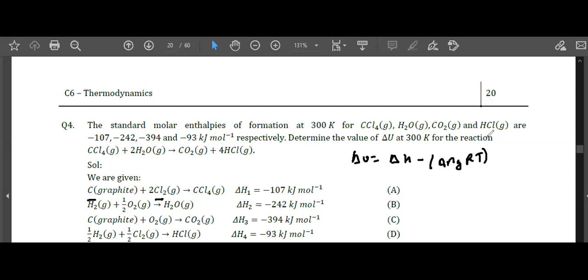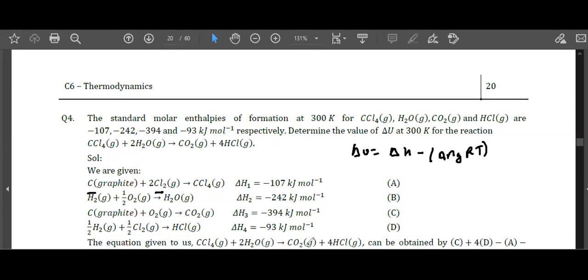Pranjal, yes. First, calculate delta H. Everyone, first calculate delta H. What is delta H? Step by step, right? So according to Hess's law, what is the reaction? This is the reaction that you have to obtain: CCl4 plus 2H2O gives CO2 plus 4HCl.